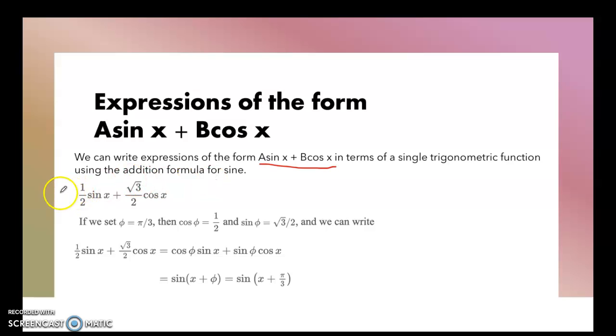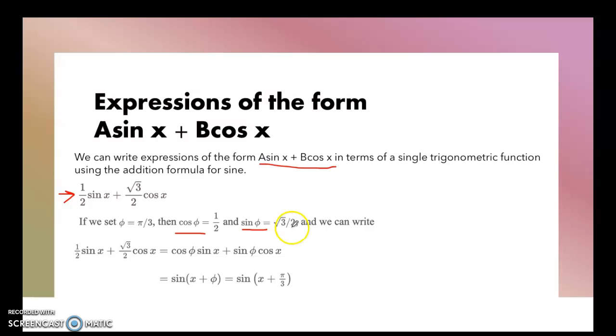So here we're going to start with this expression right here, 1/2 sine x plus √3 over 2 cosine x. Now we're going to say that the 1/2 and the √3 over 2 are related. So the 1/2 is going to be cosine of phi. Let's just stick with phi for right now. And our sine of phi is √3 over 2.